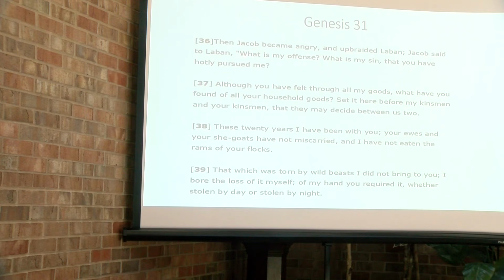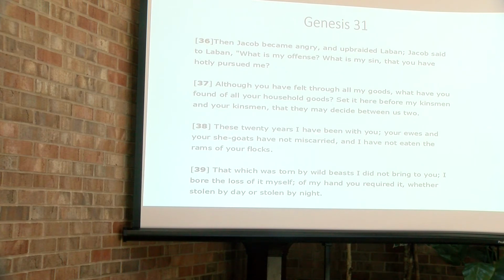Jacob said to Laban, "What is my offense? What is my sin that you have hotly pursued me? Although you have felt through all my goods, what have you found of all your household goods? Set it here before my kinsmen and your kinsmen, that they may decide between us.